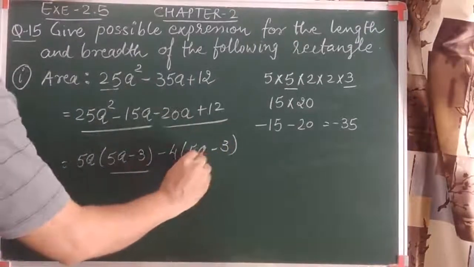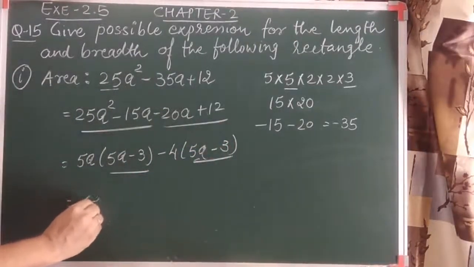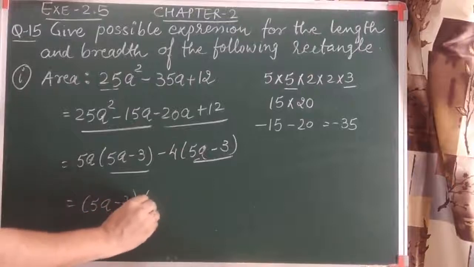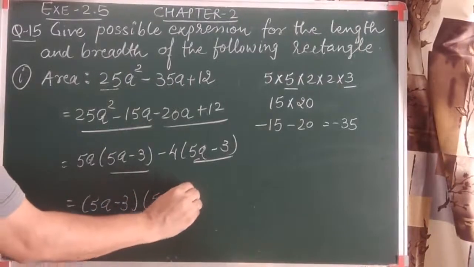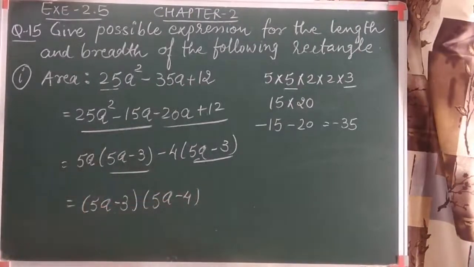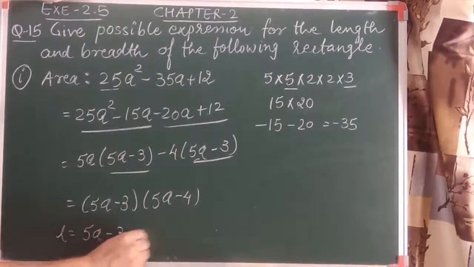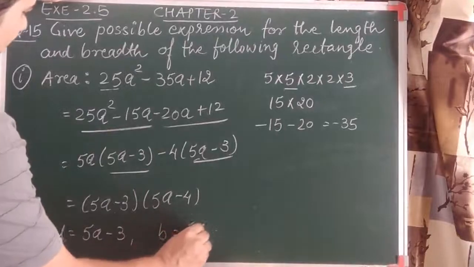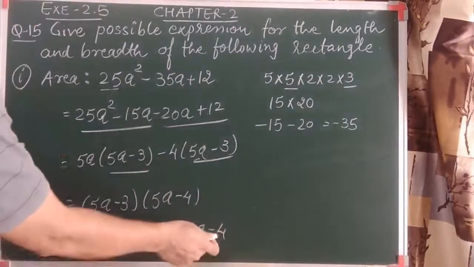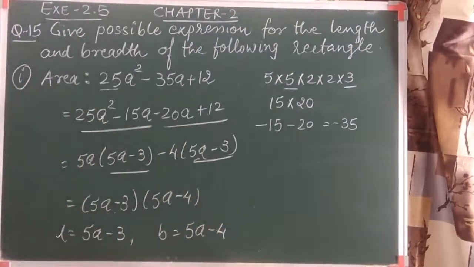So both the brackets must be equal. It's 5a minus 3 and another is 5a minus 4. As we got the factored form, we can say that if the length is 5a minus 3, then the breadth is 5a minus 4. Your answer can be the length this and the breadth this. But we have to find out the factors which we obtain.